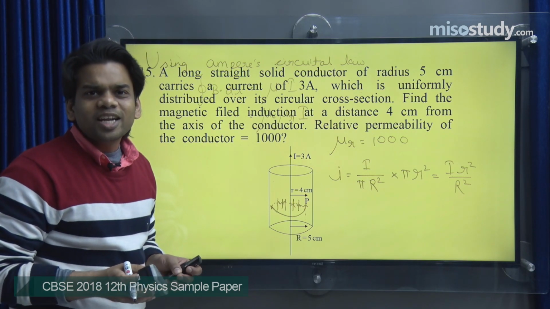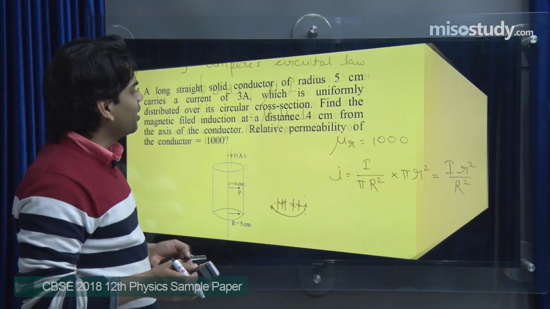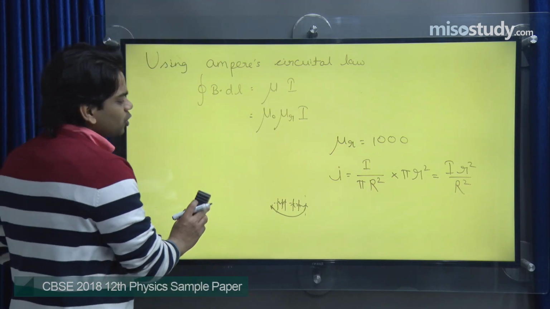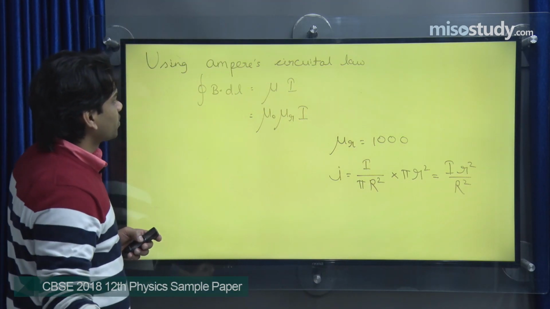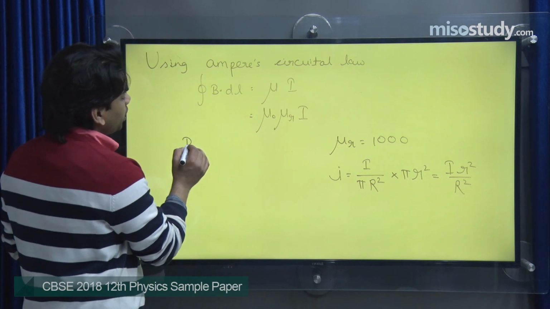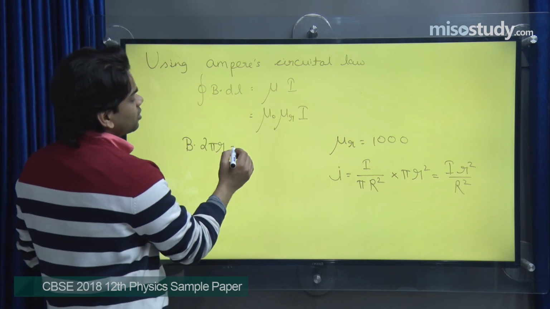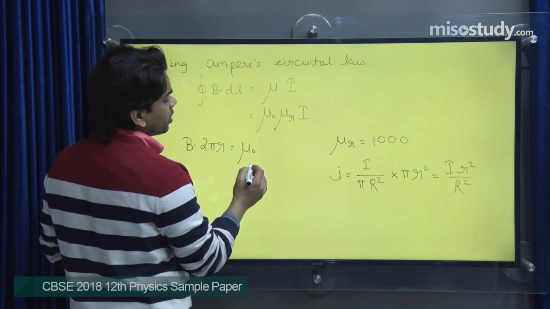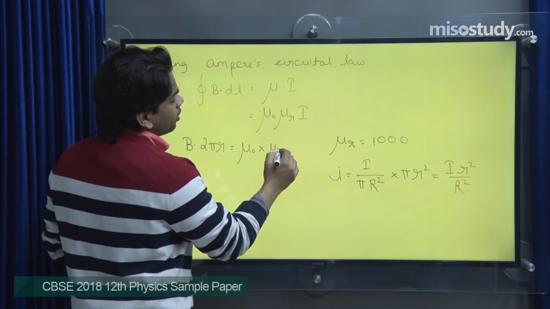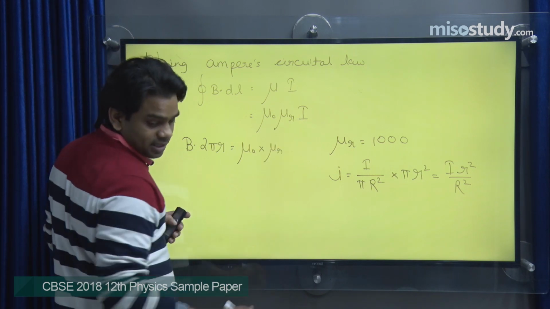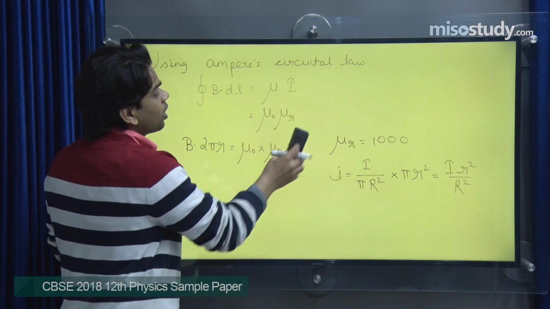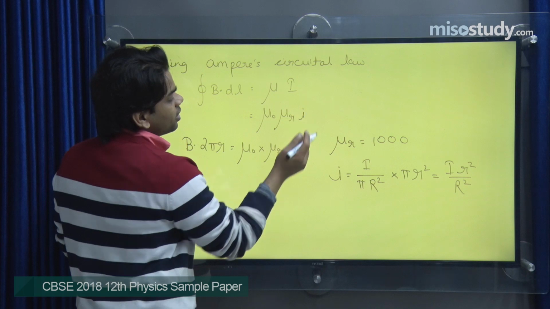So, we know that integral B dot dl is equal to mu into I. Now, substitute all the values, integral B dot dl will give you B into 2 pi r, which is equal to mu naught into mu r. Now, the value of current, in this case it is a small I, and small I is how much?